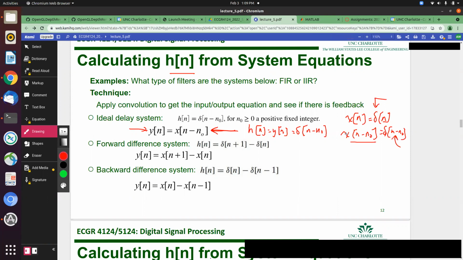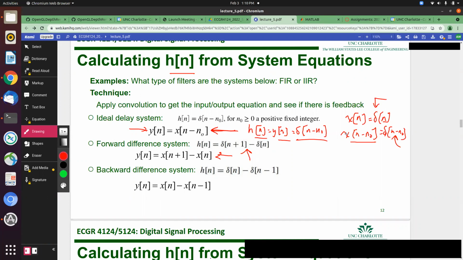So you have delta of n minus n naught, and there you get this. Similarly, you do the same exact process for this difference equation. You get this as h of n. H of n is equal to delta of n plus 1 minus delta of n. Essentially, everywhere you're seeing an x, you're substituting a delta.